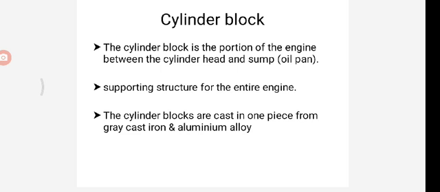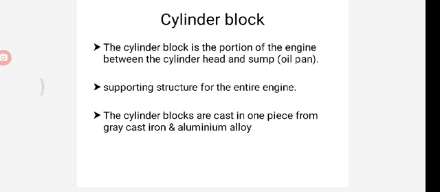The cylinder blocks are cast in one piece from grey cast iron or aluminum alloy. The cylinder block is located between the oil sump and cylinder head, in the center portion.